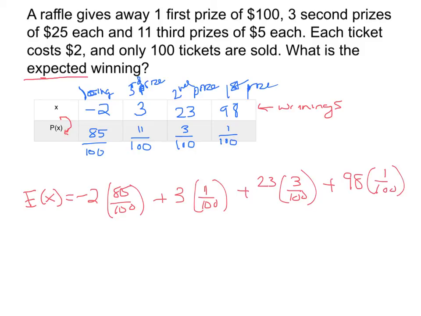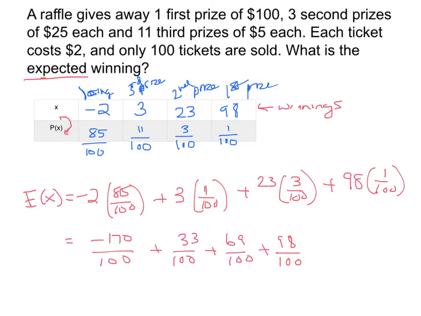So again, each x times its probability, and we add them together. And so we get -170 over 100 plus 33 over 100 plus 69 over 100 plus 98 over 100.